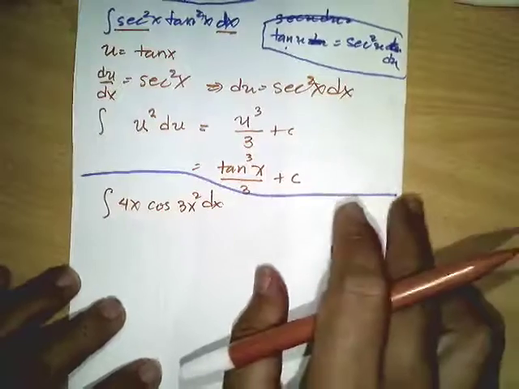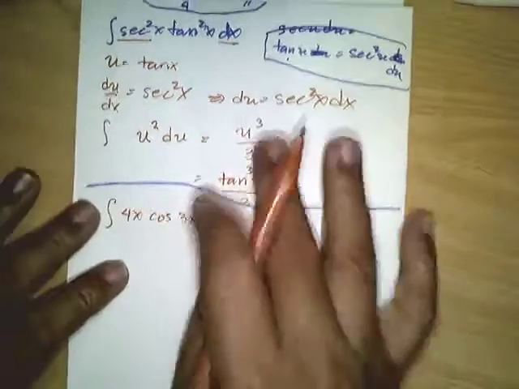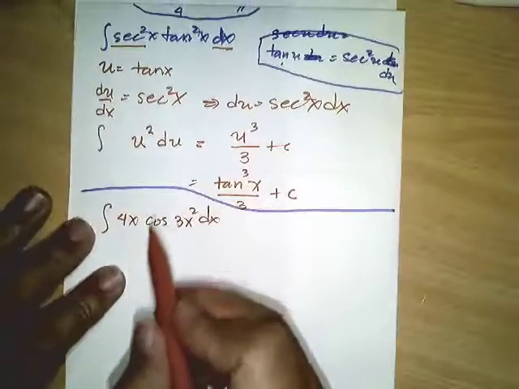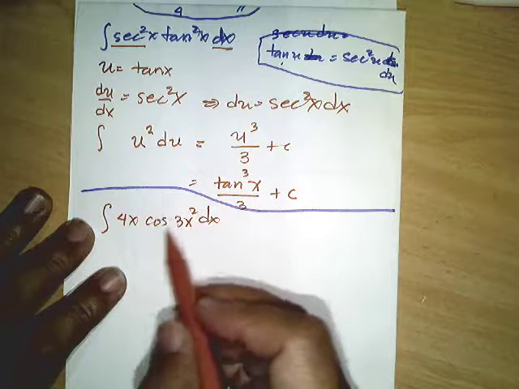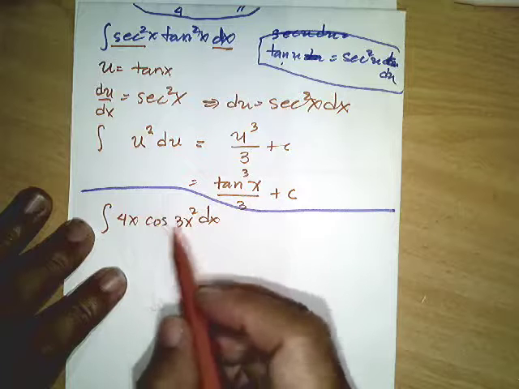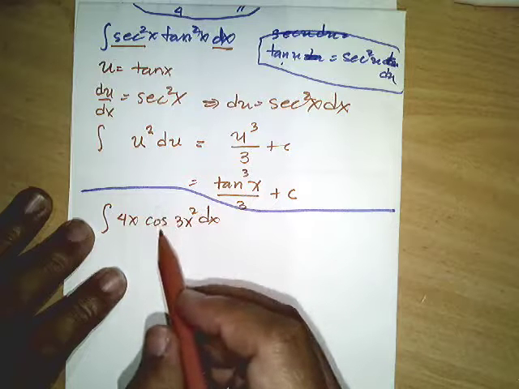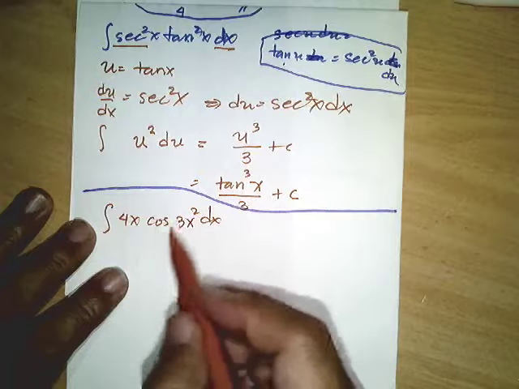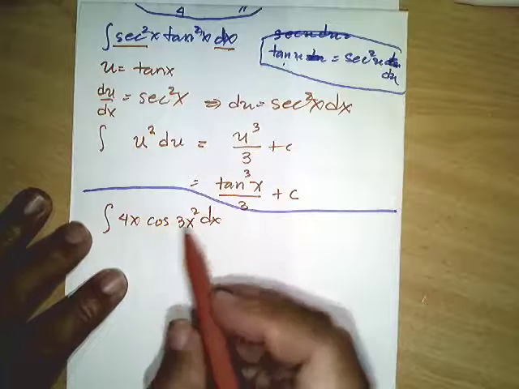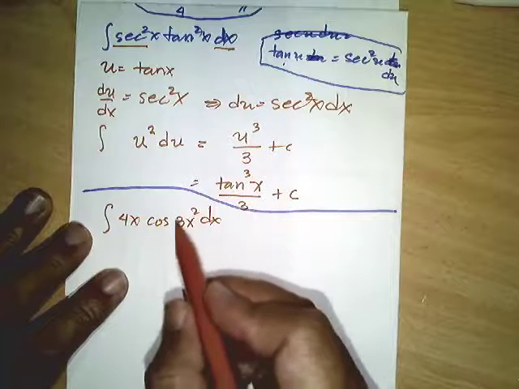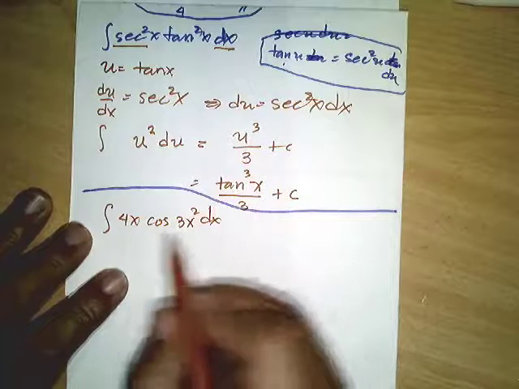In this case, as you can see, the cosine has no power, so we cannot say that the entire cosine is our u this time. However, try to look at this, the 3x squared and that 4x there.